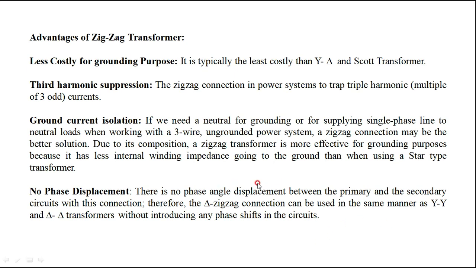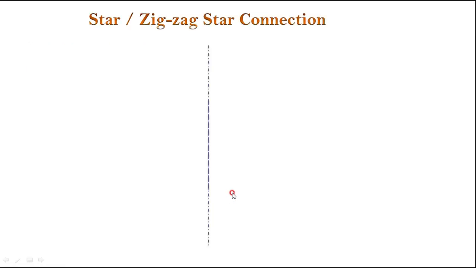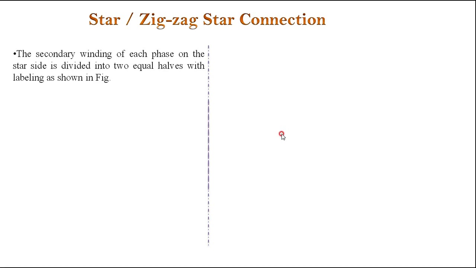There is one more mode of connection of the zigzag connection. Previously, we saw that we had a primary side delta, secondary star. Here we have a primary side also star. The secondary side is also star. However, in the secondary side we have a zigzag star connection.